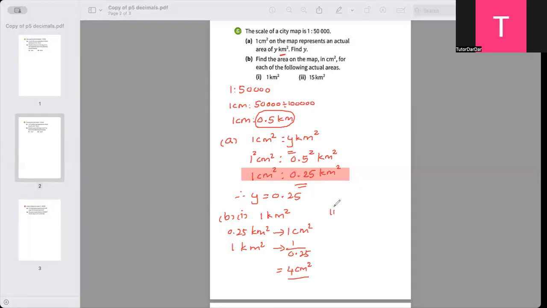Now 2, okay, 15 kilometer square. Same thing, 0.25 km square is 1 cm square. So if 15 kilometer square, it is going to be 15 divided by 0.25, which will give you 60 cm square.